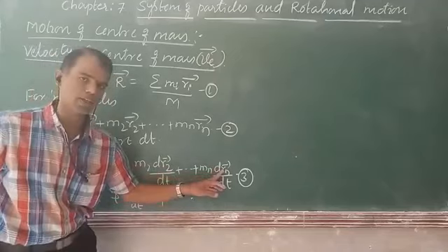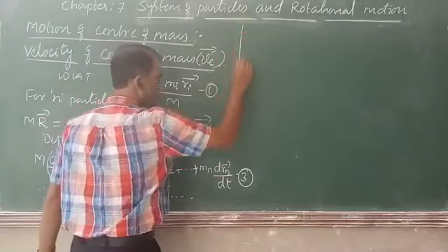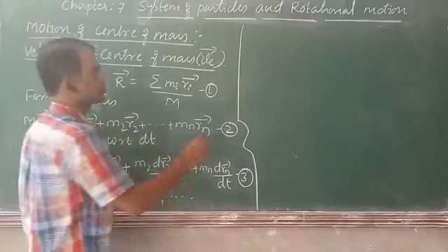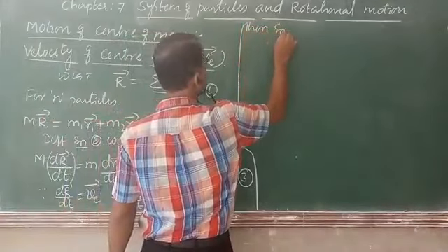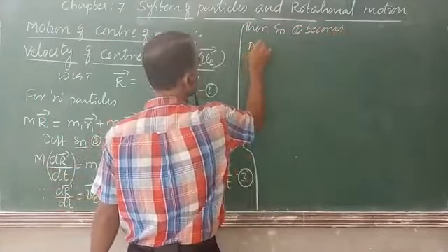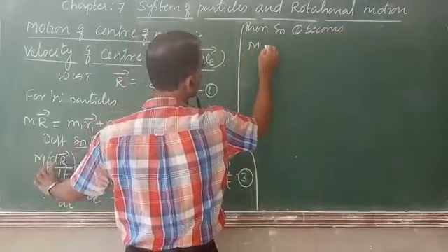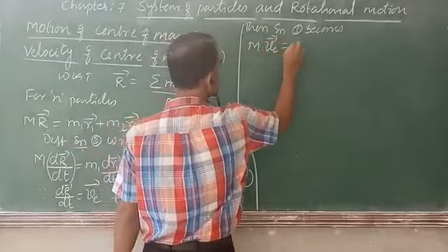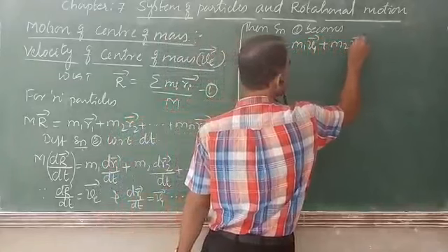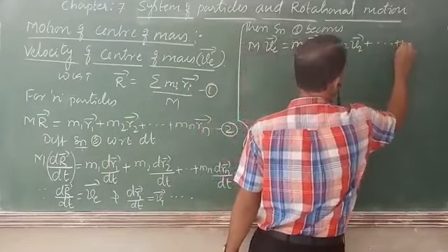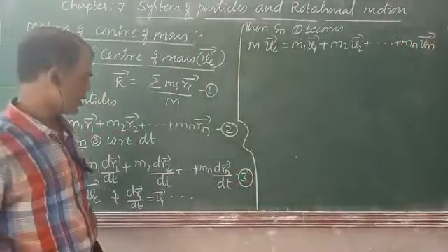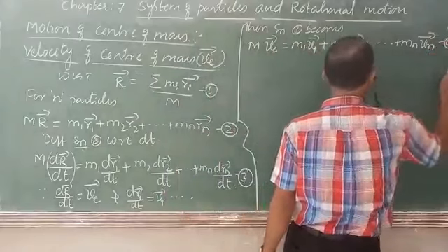The velocity of the last particle is vn. Then equation 3 becomes M into vc vector equal to m1 v1 plus m2 v2 plus so on plus mn into vn vector, and we call this equation 4.